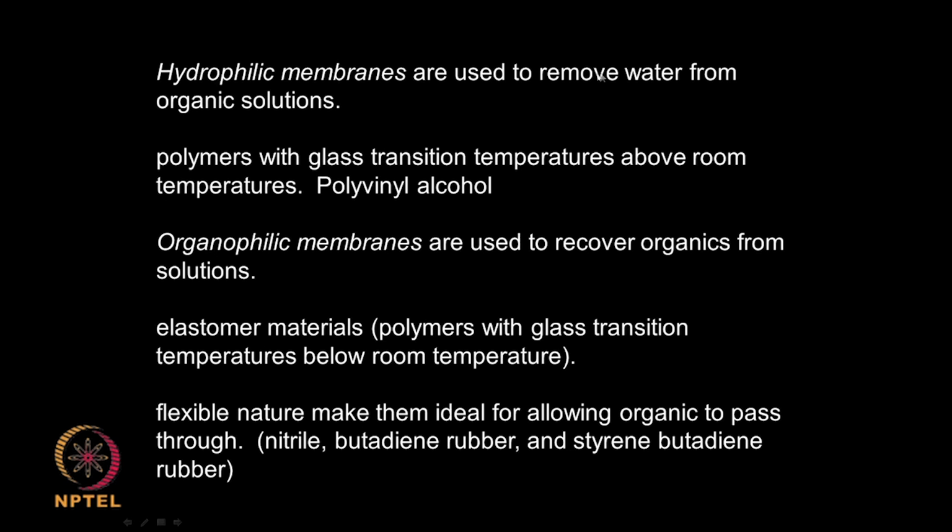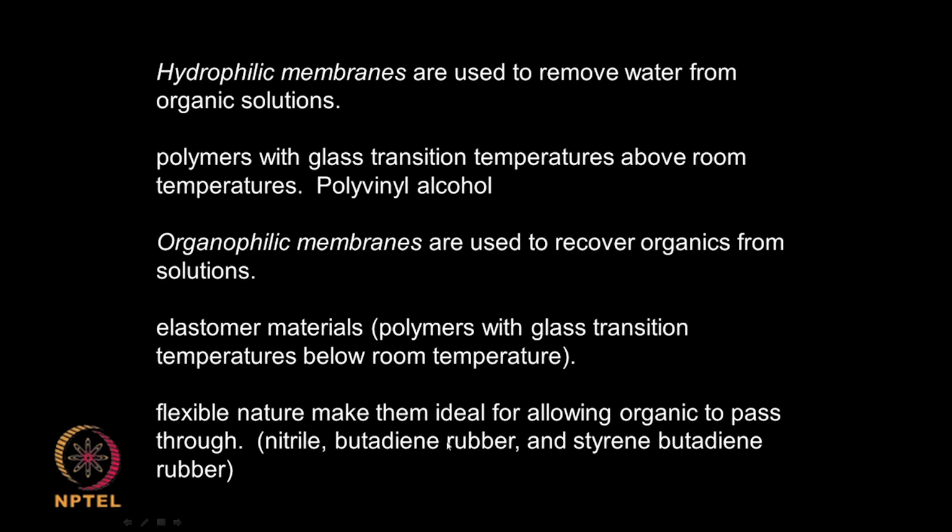So, hydrophilic membranes are used to remove water, right, because hydrophilic membranes will like water. So, generally we use hydrophilic membranes, polymers with glass transition temperature above room temperature, like polyvinyl alcohol. Organophilic membranes are used to recover organics, obvious, right. If it is an organic, you like an organophilic membrane, like elastomeric materials, polymers with glass transition temperatures below room temperature.